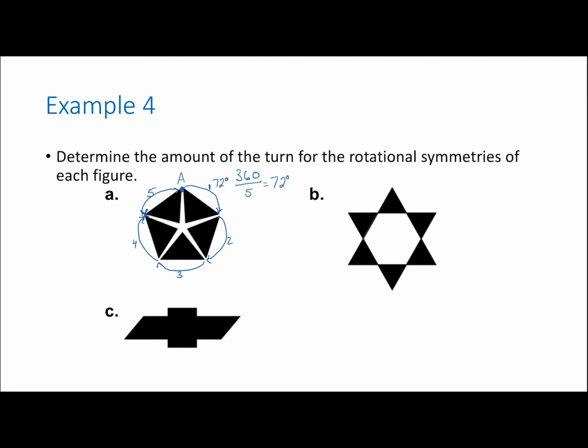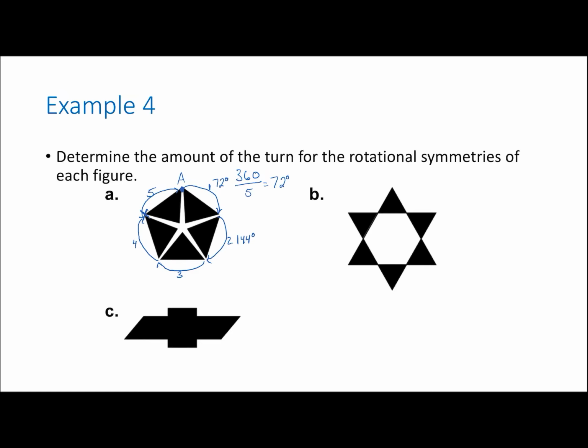And then if you rotate it another 72 degrees, you're going to have 144 degrees to get to the second rotation. And then you can just keep adding the 72 each time.